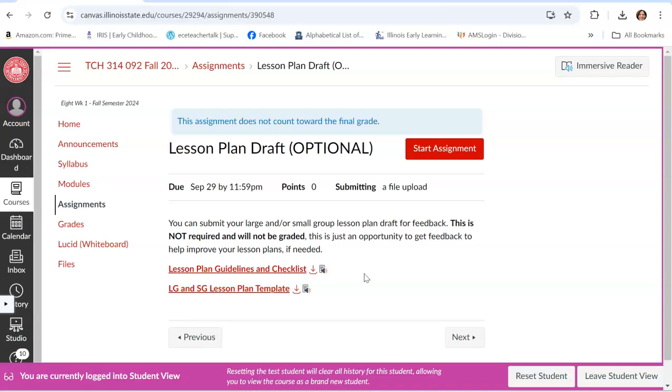I know that this comes up pretty quickly, and so I always encourage you to try to submit as much as you can because you can get a lot of feedback. The more feedback you have, the more likely you're going to do well on the lesson plans assignment. But I also understand that not everybody's able to do that. The information that's here in your lesson plan draft is exactly the same as it is for the assignment that's due in 2 weeks.